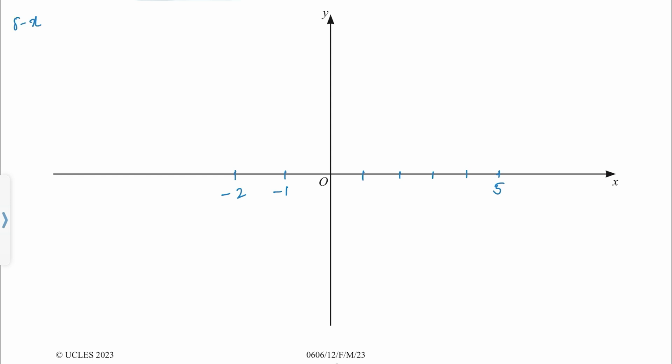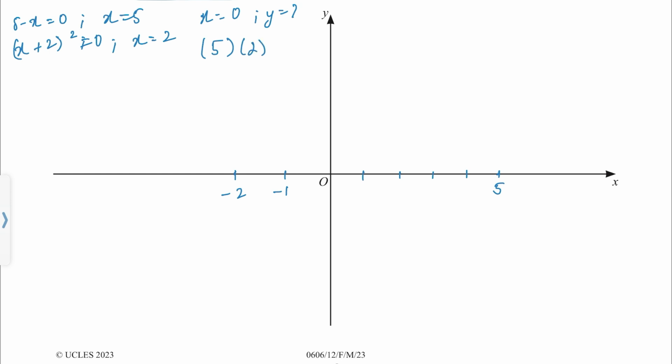So 5 minus x equals to 0 would give us x as 5, x plus 2 whole squared equal to 0 will give us x as minus 2, and we need to calculate x equals to 0 and y equal to. So for x equals to 0, we will be getting 5 into 2 squared, that would give us 20. So this would be 5, 10, 15, and then 20.